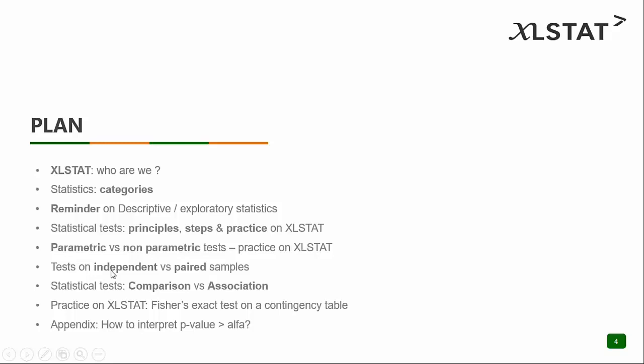Then I'll show you the opposition between the tests on independent and paired samples, and the opposition between the tests of comparison and tests of association. And I'll do another practice on XLSTAT, Fisher's exact test on a contingency table or on a crosstab, before concluding. You have many appendices. This is the first one, so don't hesitate to check them out to have a bit more insight about statistical testing.